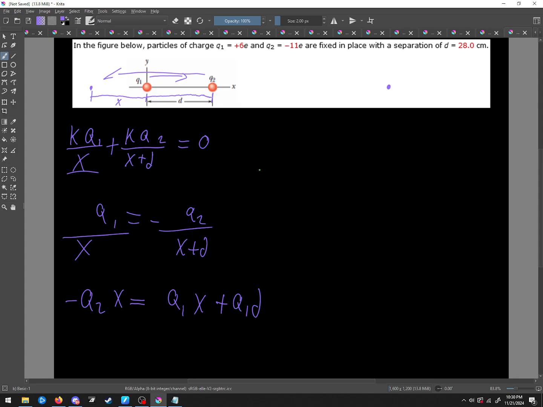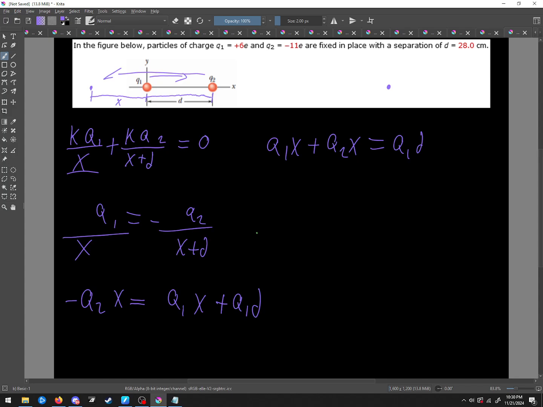Now we just subtract these two. So we're going to have q1x plus q2x equals q1d. Oh, look, that's so much better.